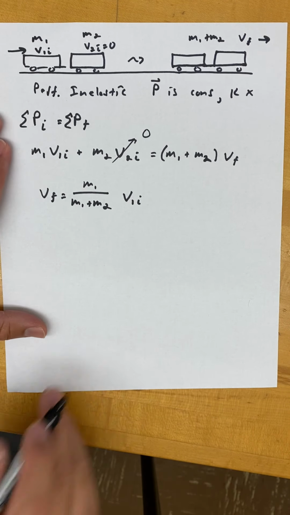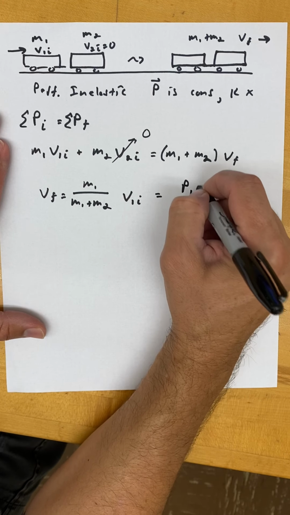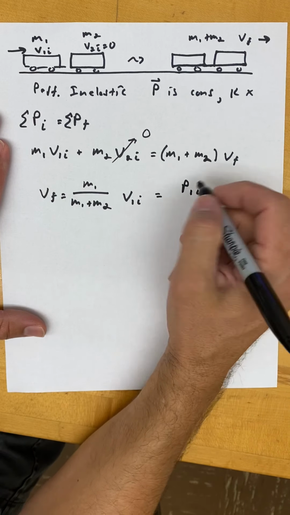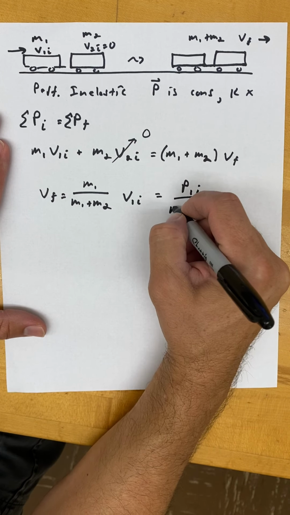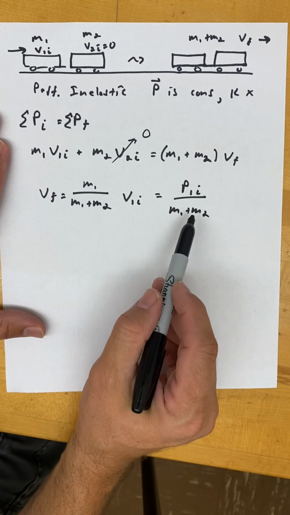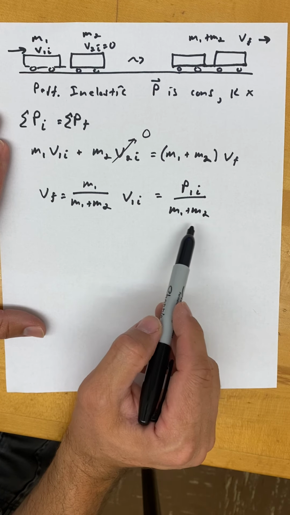Another way to think about that, of course, is p1 initial, which is m1 times v1 initial, over m1 plus m2.